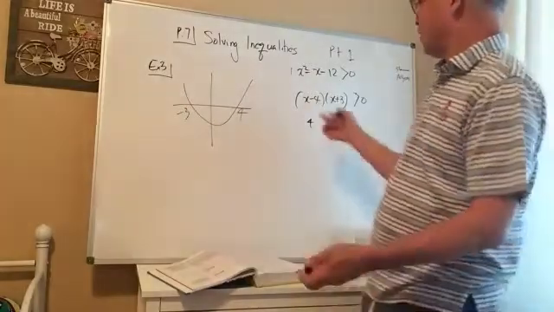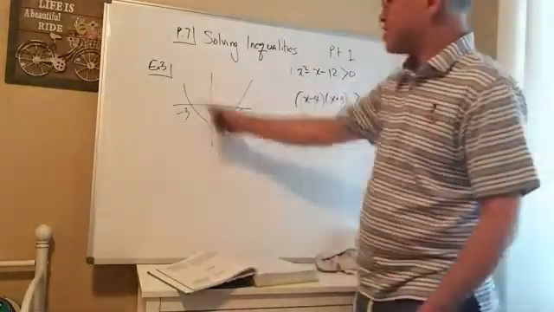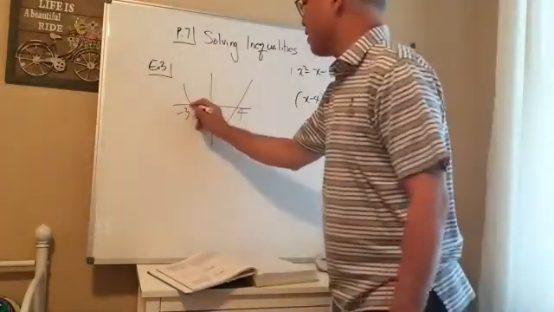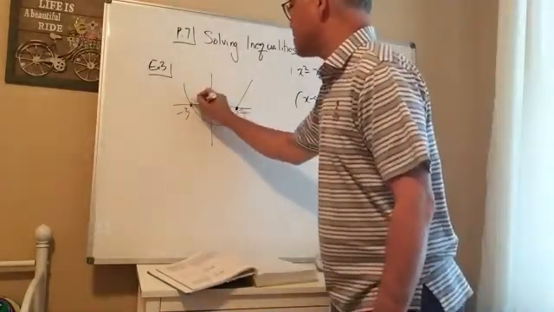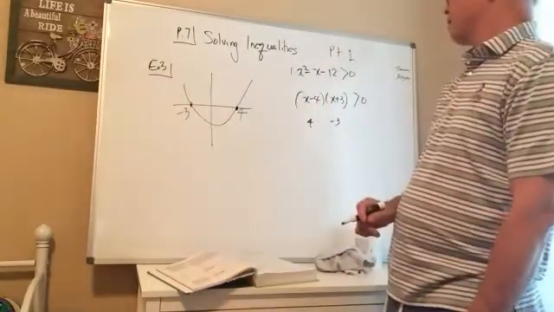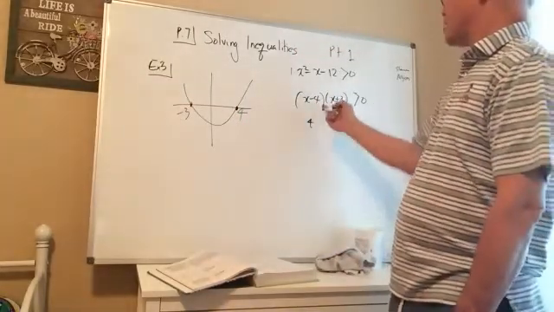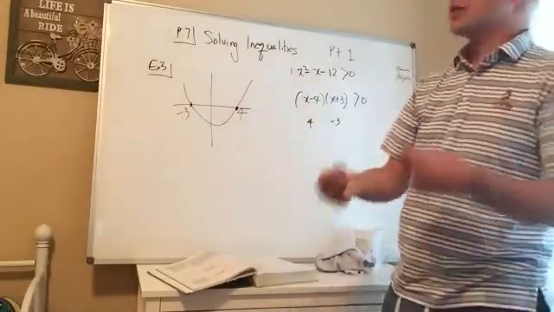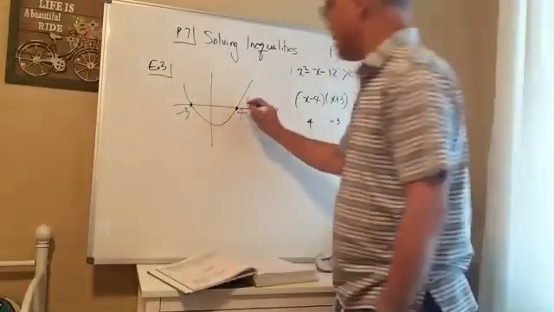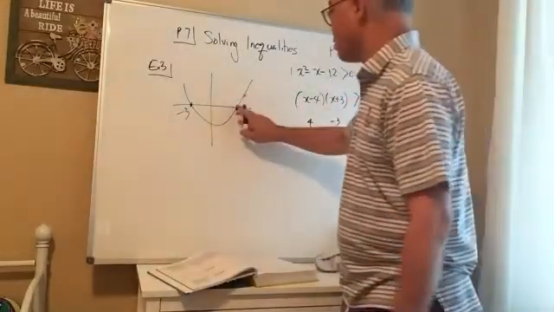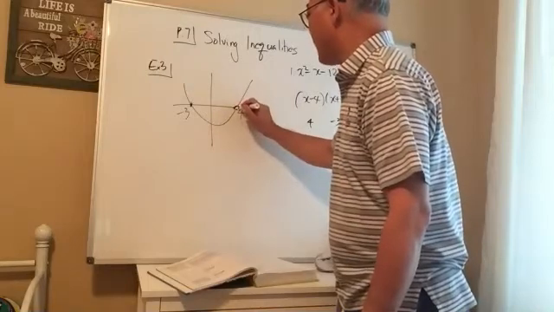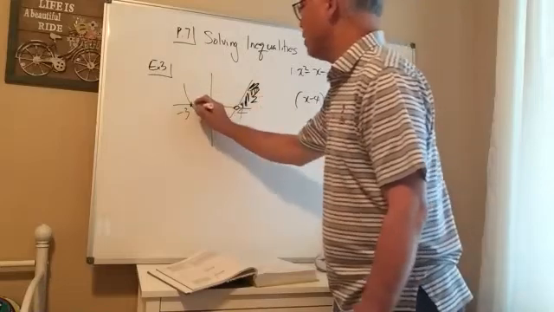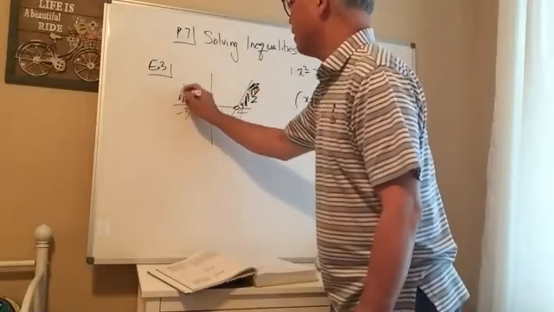Now that I've drawn this, I know it goes through negative 3 and 4, because those are the points right here. It is greater than 0, so they want the part where the quadratic is greater than 0. Because there's no equality, this would be an open dot, and it would be on this side, and an open dot over on this side.